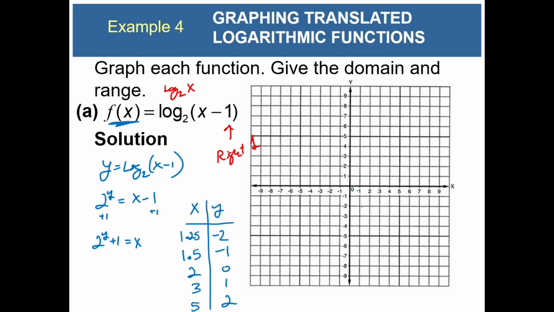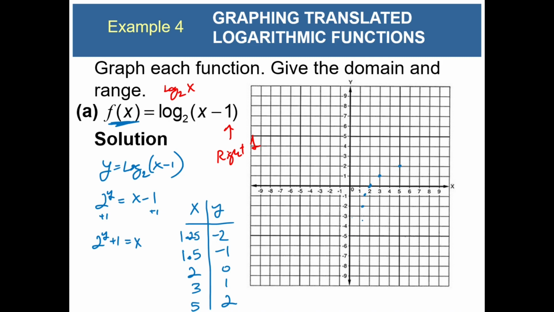So let's plot this on the graph. We have 1.25 comma negative 2. We have 1.5 comma negative 1. We have 2 comma 0. 3 comma 1. And 5 comma 2.